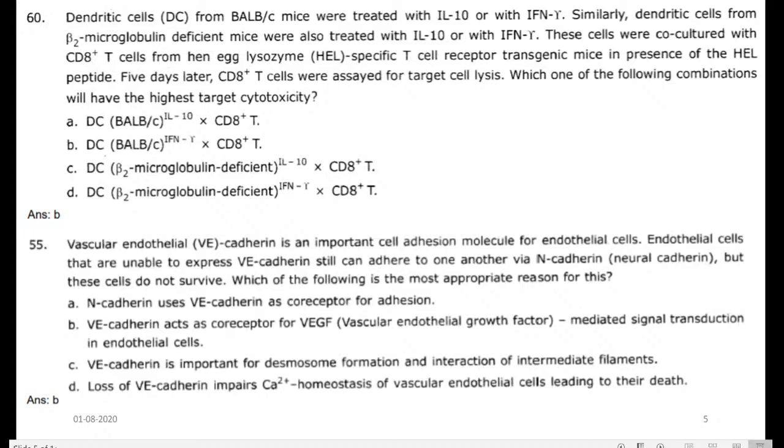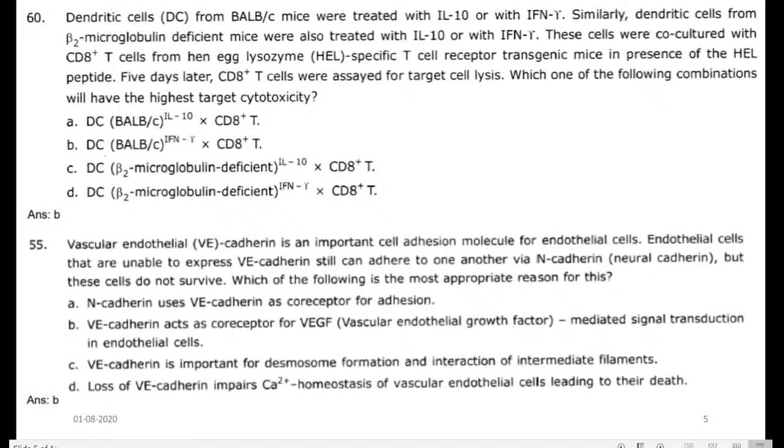Here they mention what vascular endothelial cadherin is. It is a cell adhesion molecule, expressed by some cells.